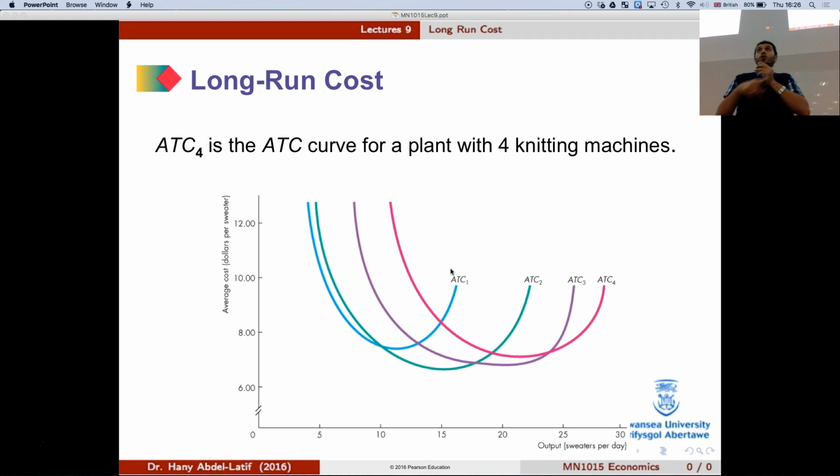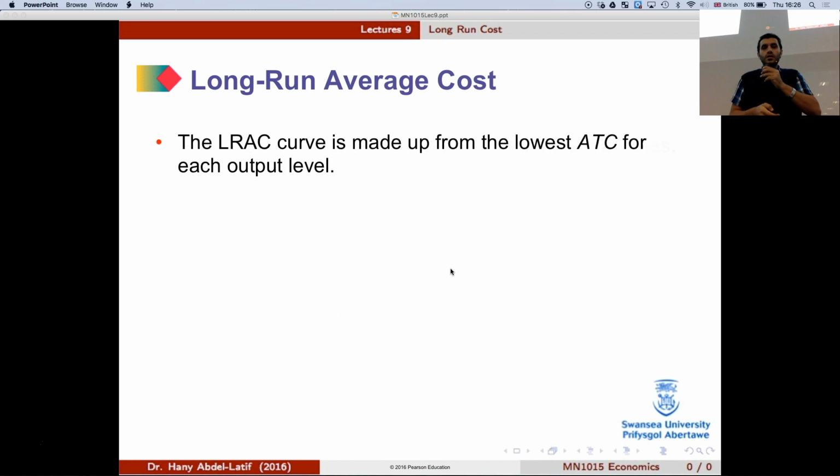So in the long run, we're trying to understand how we derive this long run average cost curve. So the difference, again, is that we can change the plant size, we can change the capital and labor.